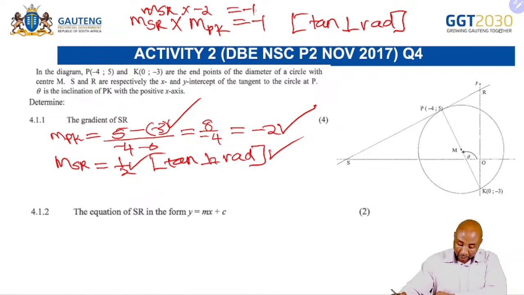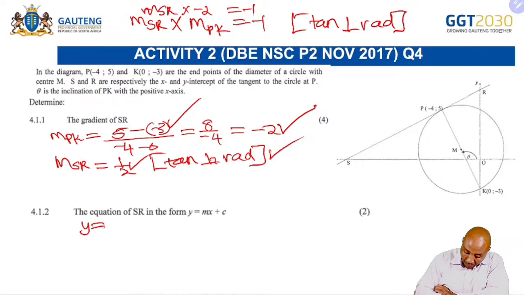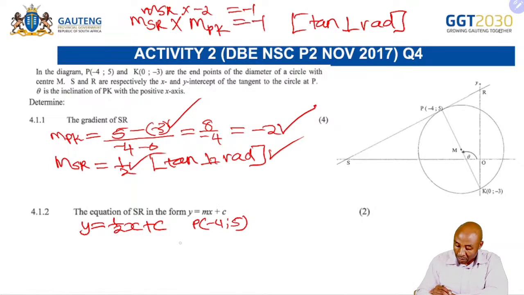4.12, we want the equation of SR. We now have the gradient of SR. So it's only 2 marks, meaning I will choose to use y is equal to half x plus c. I have point P with coordinates -4 and 5. This is what I'm going to use.